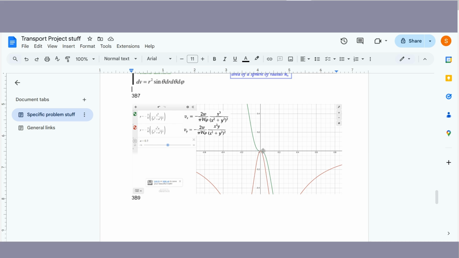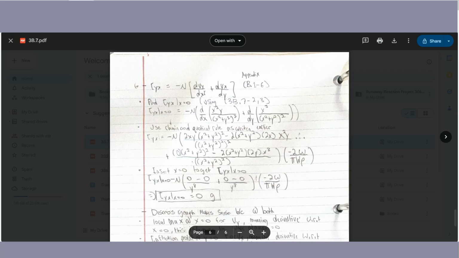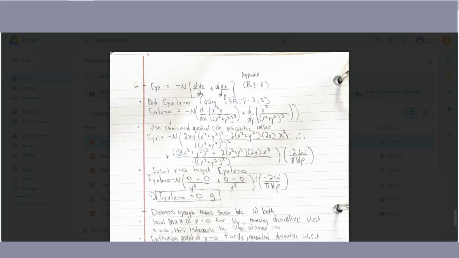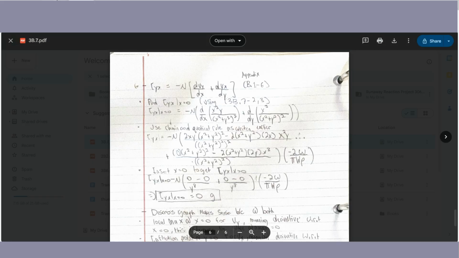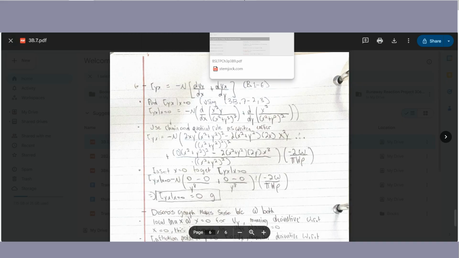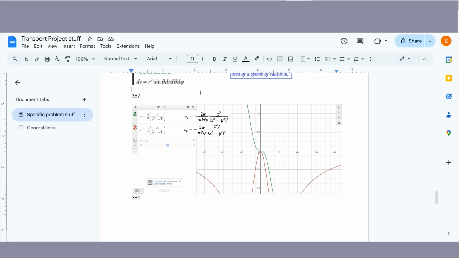That tracks back to this other expression earlier, the derivative of Vx with respect to y equals 0. At y equals 0 of this green line, there's an inflection point, and at the inflection point, the slope equals 0.